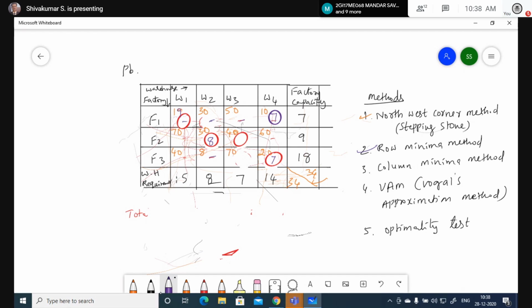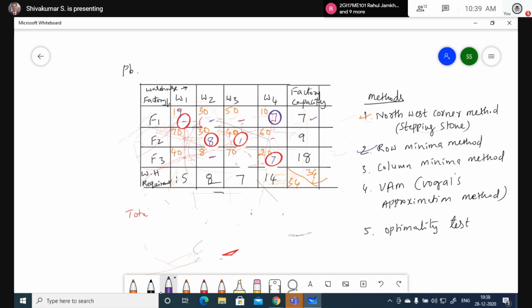Now once again go with the second time. This 7 capacity is over, so you can't allocate anything to this row. In the second row you have 30, 40 and 60. Now 40 is the minimum transportation cost. 8 is done, so you allocate only 1 here, 8 plus 1, 9.